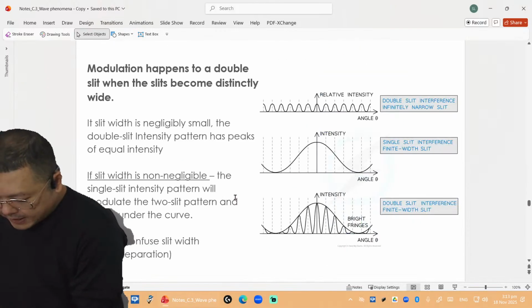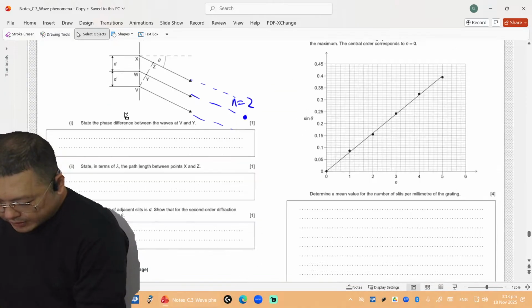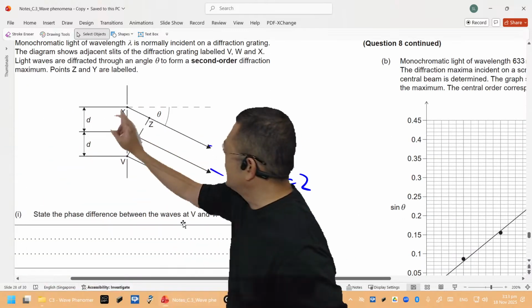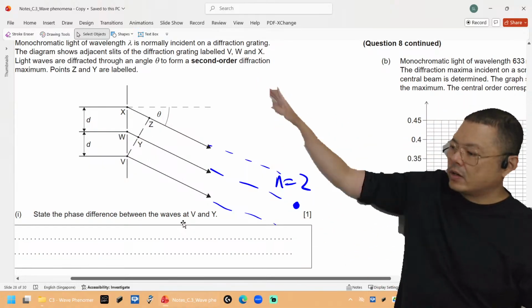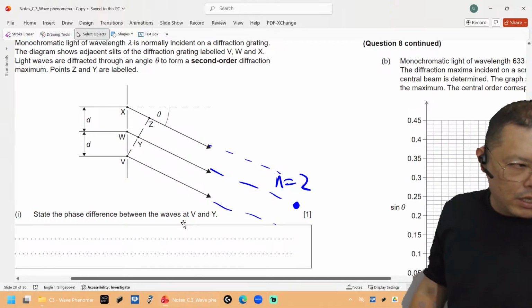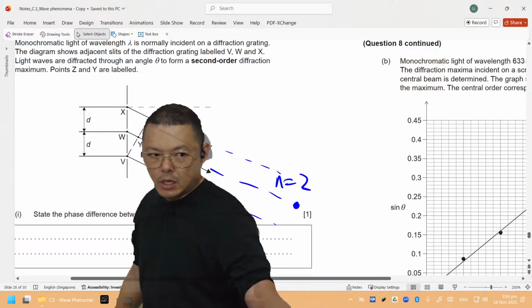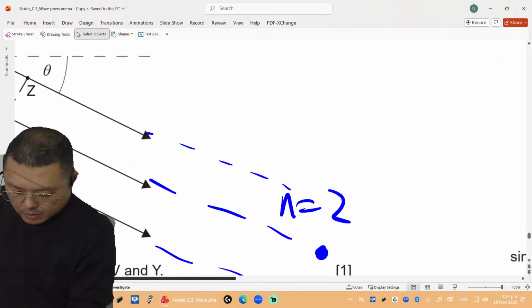But in this particular question, I'm doing diffraction grating with 3 slits, 1, 2, 3, and the question says second order, and therefore n equals 2. So what does the 2 represent? Two wavelengths, difference between what? Between two sources.